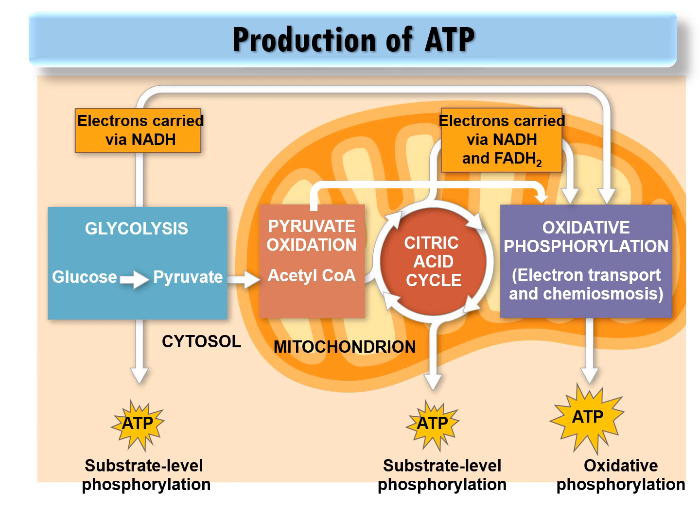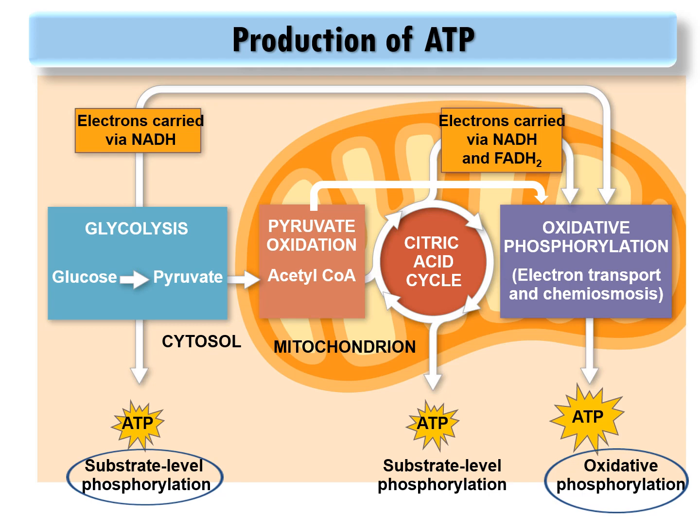As a conclusion, there are 2 types of ATP production in aerobic respiration. The first type is substrate level phosphorylation, and the second type is oxidative phosphorylation.